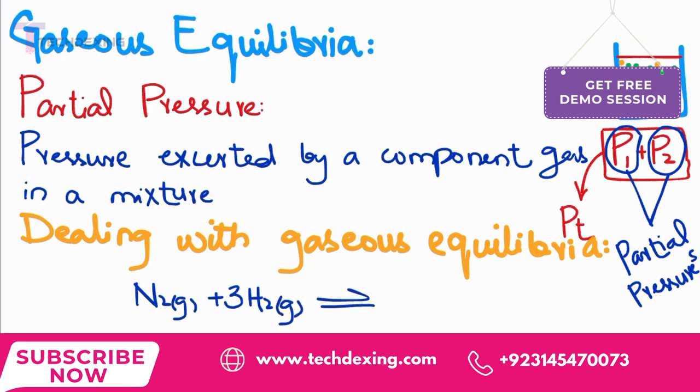Here is one good example of a gas phase equilibrium. The N2 gas, when it reacts with 3 moles of hydrogen in the gas phase, gives 2 moles of NH3.